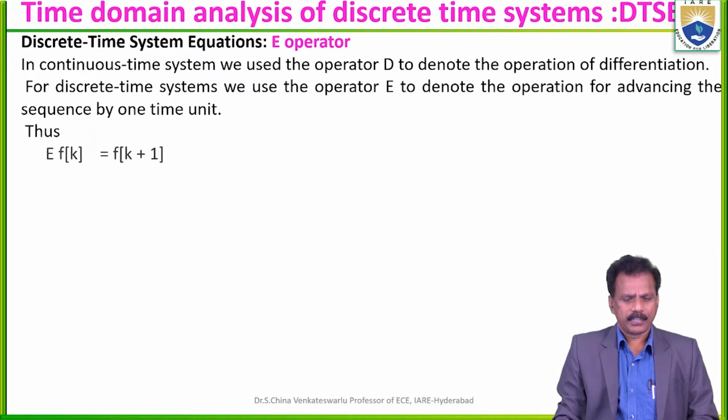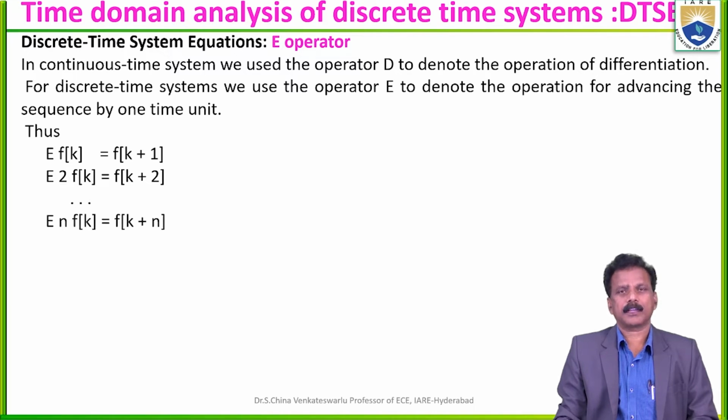Thus, E f of k is equal to f of k plus 1. E square f of k is equal to f of k plus 2, and so on. E cube f of k is equal to f of k plus 3, and E power n f of k is equal to f of k plus n.